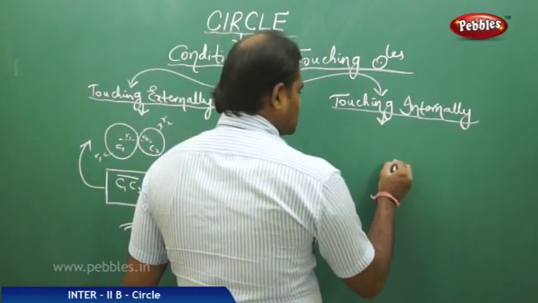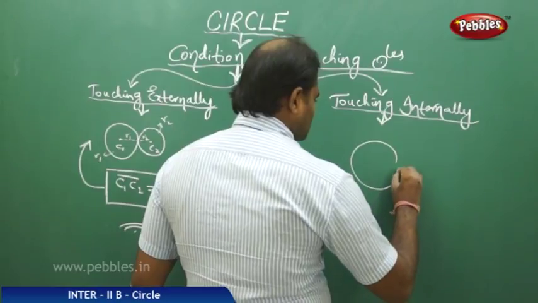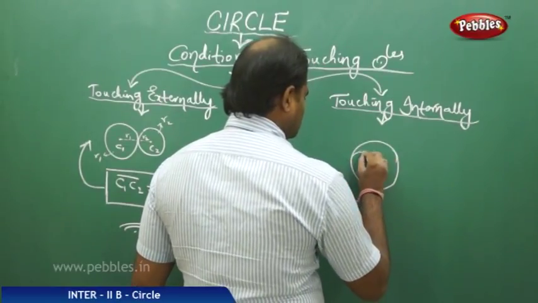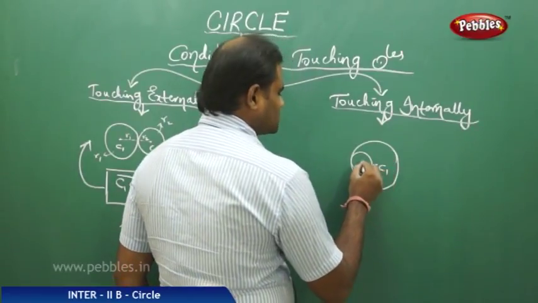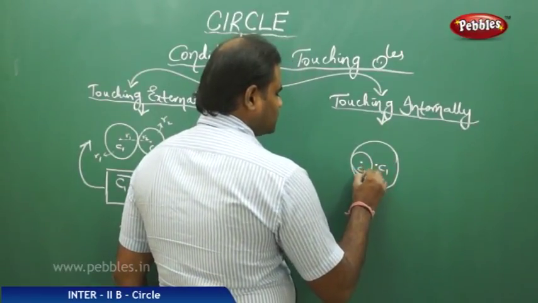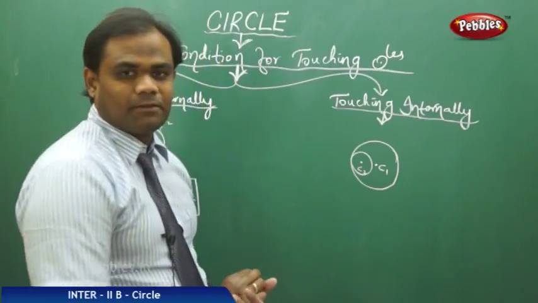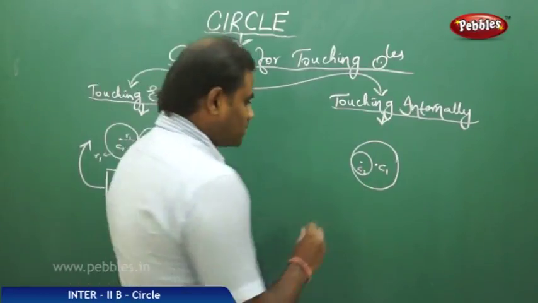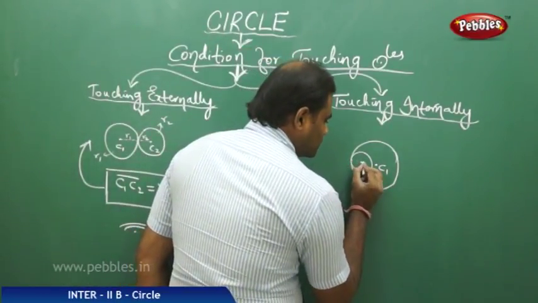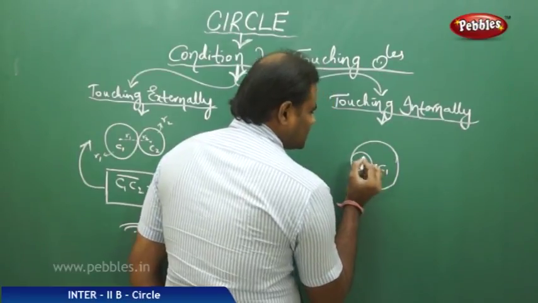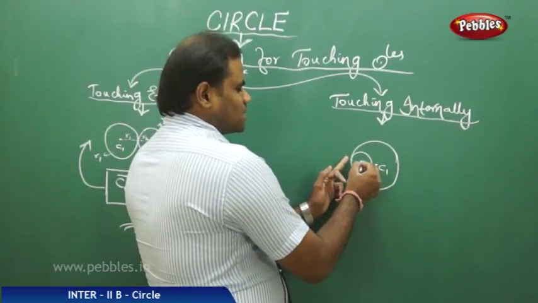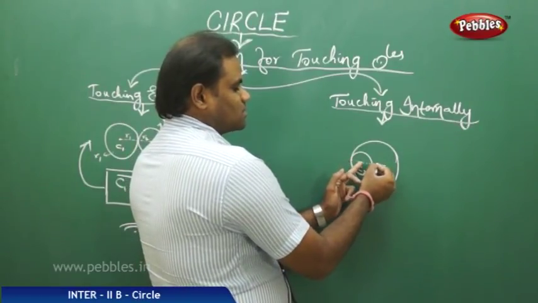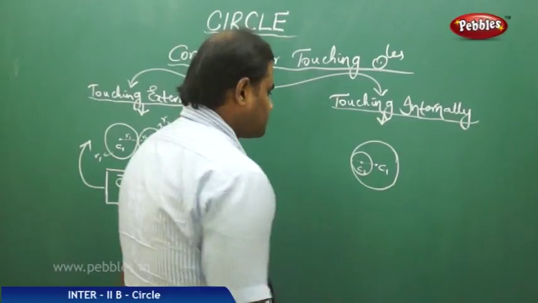Similarly, if I have two circles touching internally, the center of this circle is C1 and the center of this circle is C2 with radii R1 and R2, then clearly when I join these two, I see that the distance between C1 and C2 is R1 minus R2. This minus this gives me the distance between the two centers.